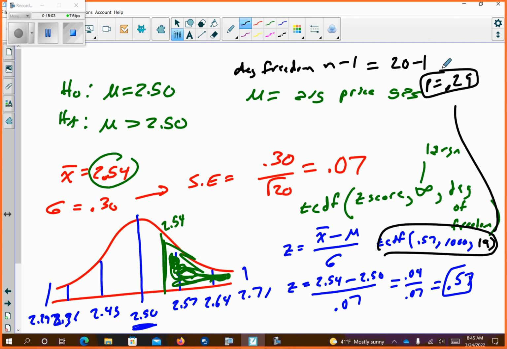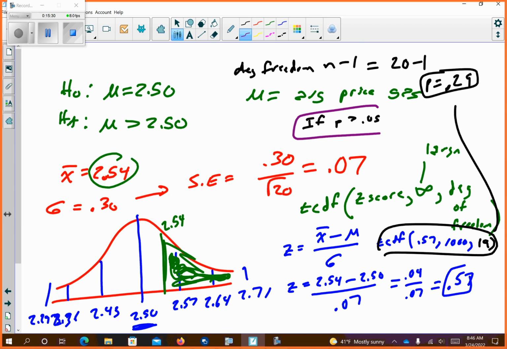Okay. Now, if the p-value is larger than 0.05, we fail to reject our null. So if p is greater than 0.05, and p is 0.29, is 0.29 a larger number than 0.05? Sure is.